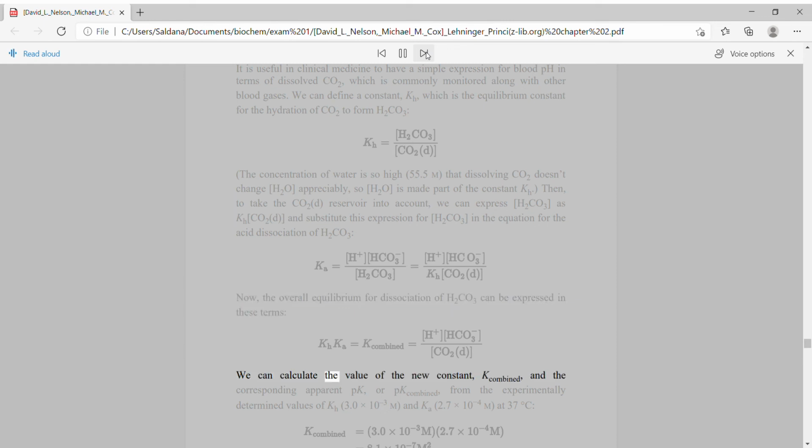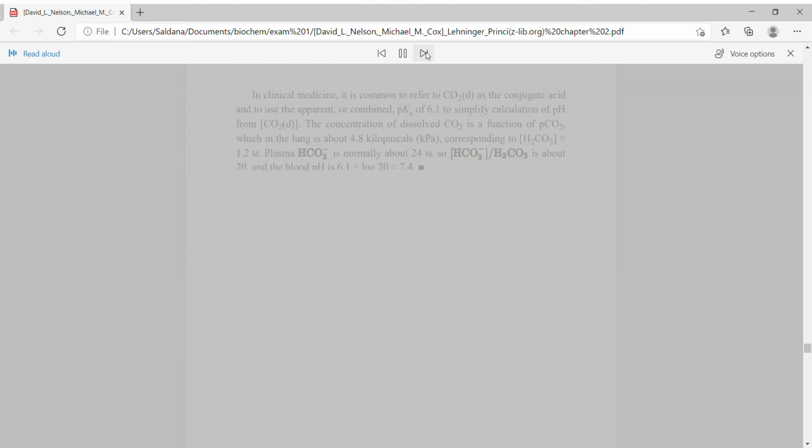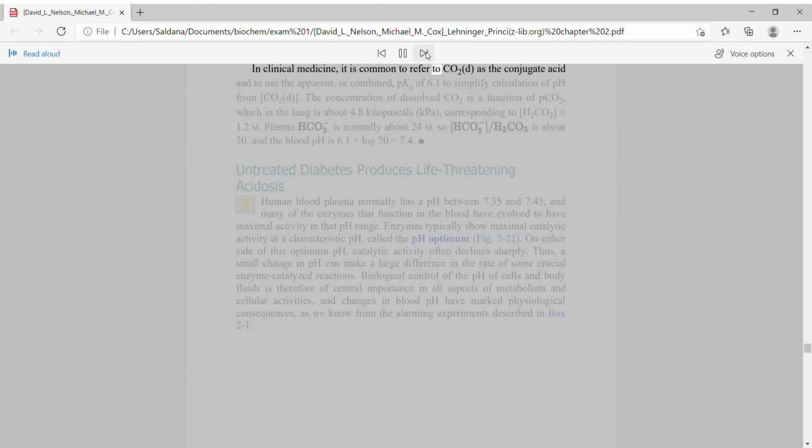We can calculate the value of the new constant Kcombined and the corresponding apparent pK, or pKcombined, from the experimentally determined values of kH, 3.0 times 10^-3 M, and Ka, 2.7 times 10^-4 M, at 37 degrees Celsius. In clinical medicine, it is common to refer to CO2(d) as the conjugate acid and to use the apparent, or combined, pKa of 6.1 to simplify calculation of pH from CO2(d).